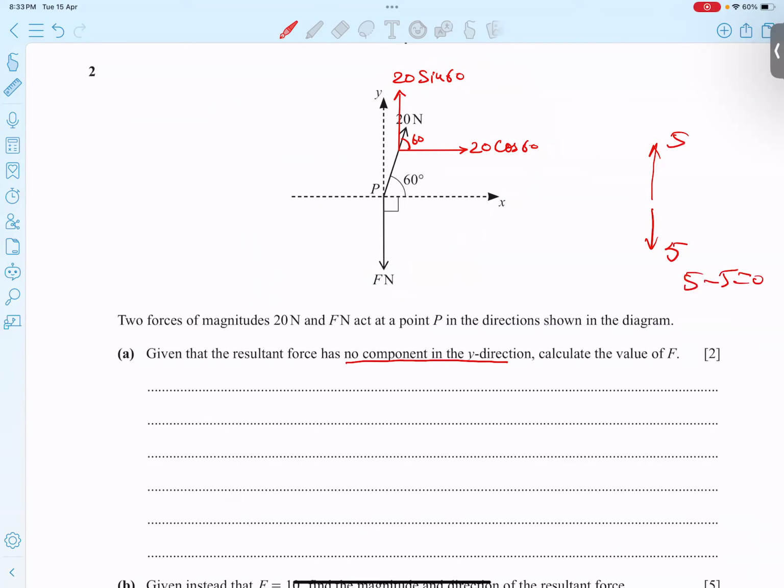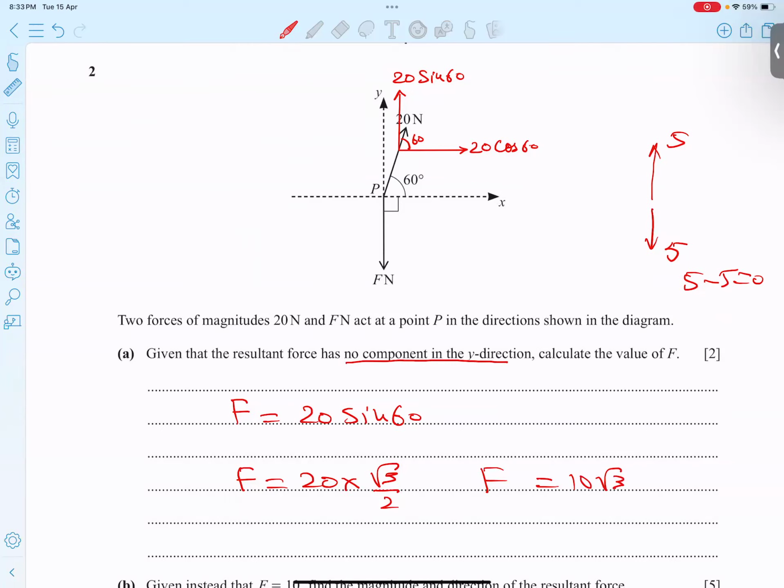Okay, so that is why upward force and downward force are equal to each other. So I can say F is equal to 20 sine 60. 20 sine 60, root 3 by 2. And I got it 10 root 3 newtons.